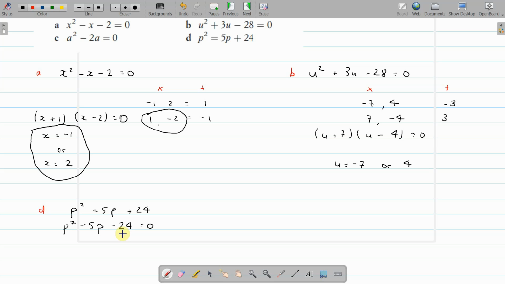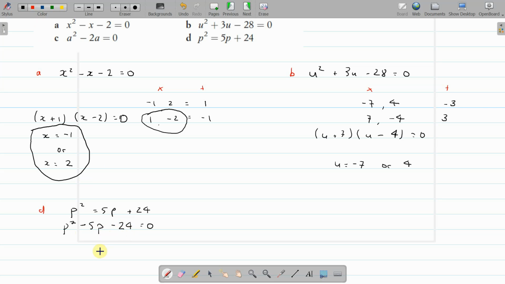That's what we want. And now, to make it quick, I'll find two numbers that multiply to minus 24. One's got to be plus, one's got to be minus, and we're going to add them to equal minus 5. So I'm thinking 8 and 3, it looks like.